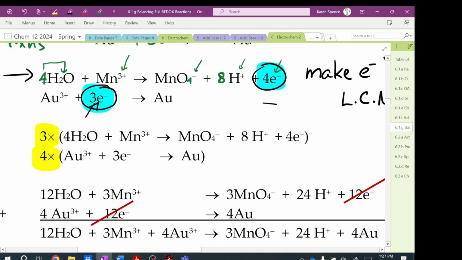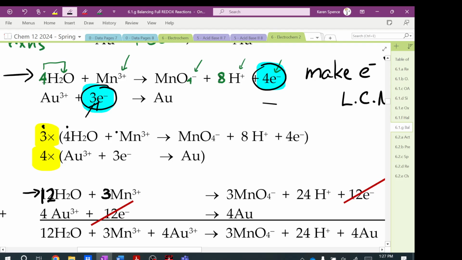And so now, when I'm writing down this step here, I literally go through and I touch my pen to it, and I'm like, 3 times 4 is 12. 3 times 1 is 3.